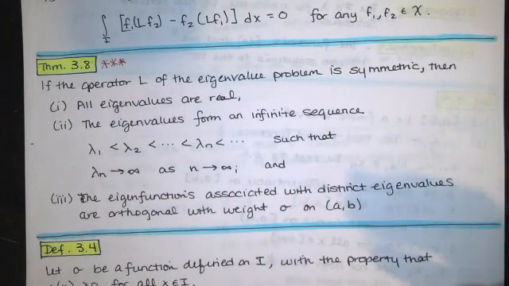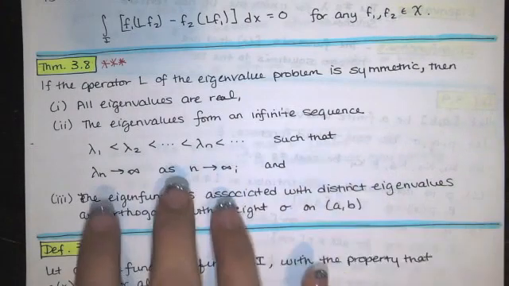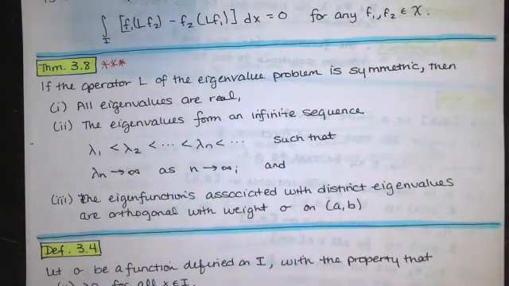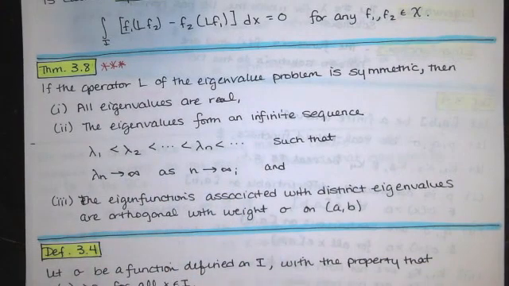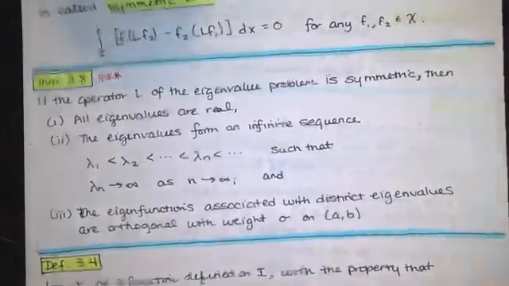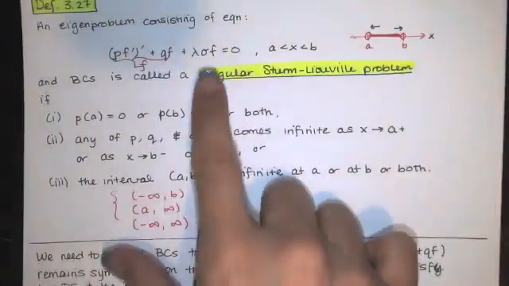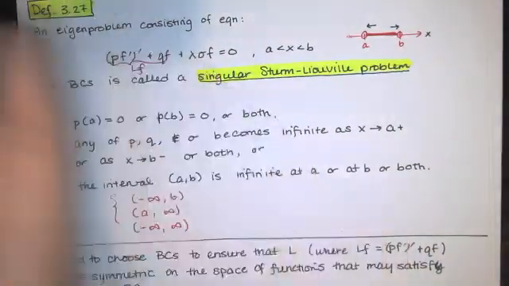And when we solve that problem, we'll be able to find this infinite sequence of eigenvalues that go to infinity as n goes to infinity, and the corresponding eigenfunctions. Those are non-zero solutions to the differential equation that are orthogonal with weight sigma, where sigma is that function from our differential equation.